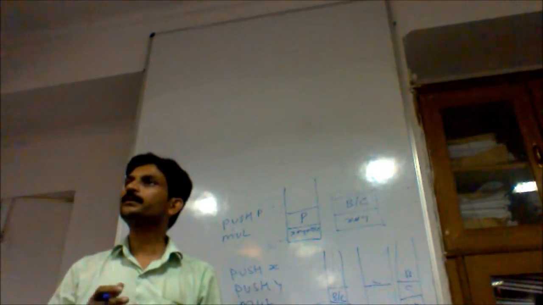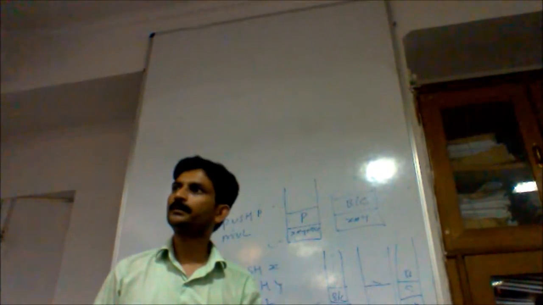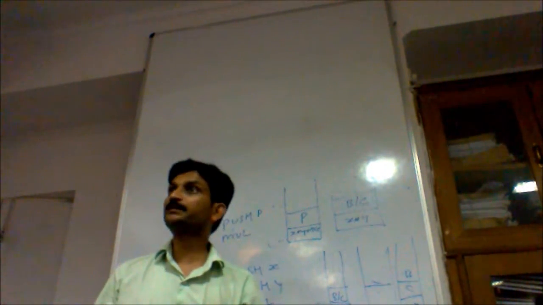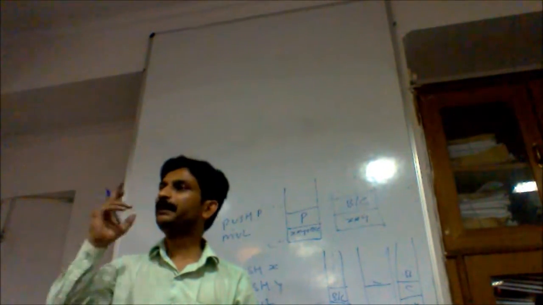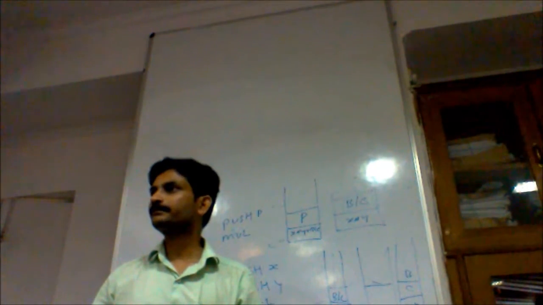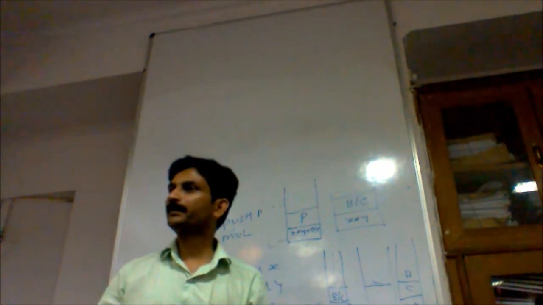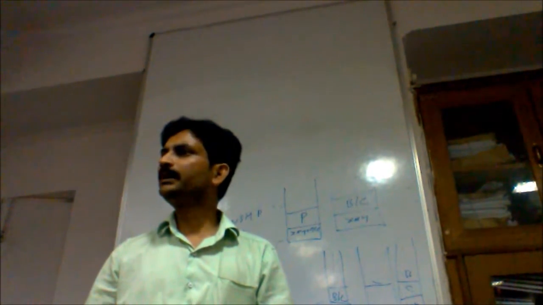You have to think before pushing the element into the stack. You have to take care of it. For multiplication it makes no difference, but division does. B divided by C and C divided by B, there is a lot of difference.